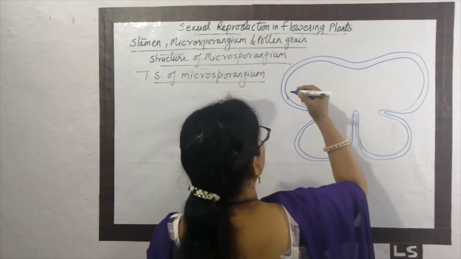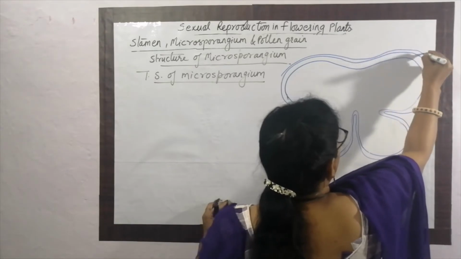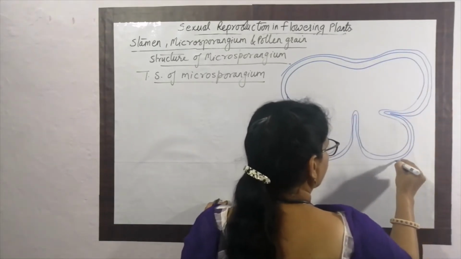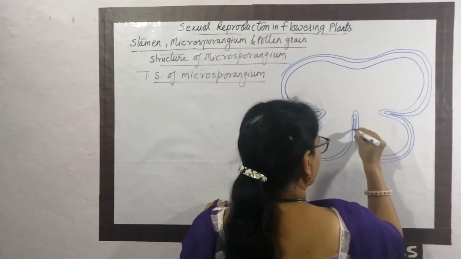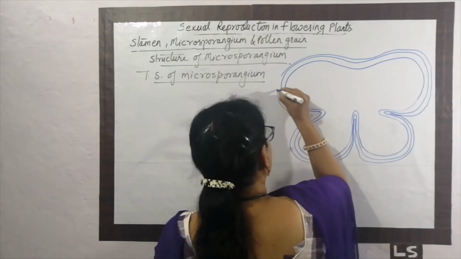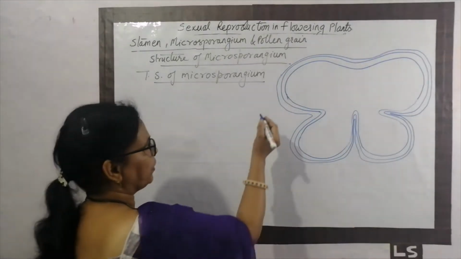This is the second. And one more layer is present, and this is the third layer. The outermost layer is epidermis.